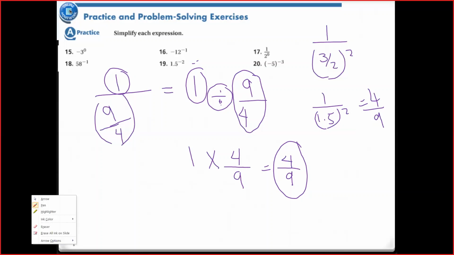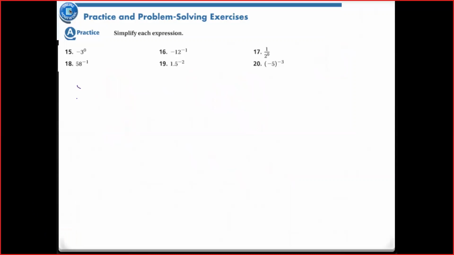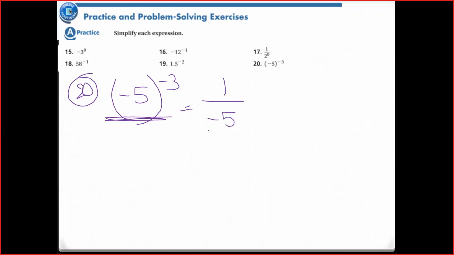Now let's do number 20. Negative 5 to the power negative 3. What is the base here? Negative 5. Thank you. So the reciprocal is 1 over negative 5. What is the opposite of negative 3? Positive 3. Thank you. Then it is 1 over negative 5 multiplied by negative 5 multiplied by negative 5.